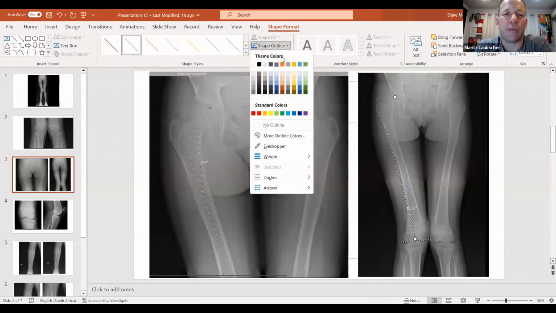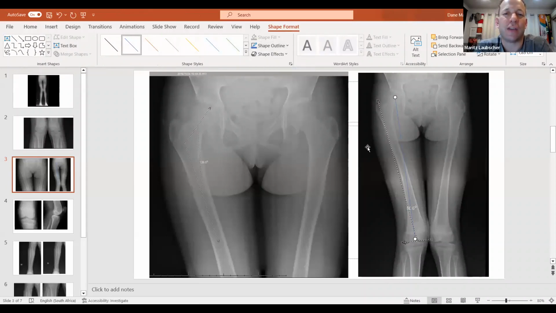So here, I would measure like Dane's measuring now, the mechanical lateral distal femoral angle, which possibly with that little bit of bowing, there might be a very minor femoral deformity, but in a straight femur should have the same answer. But you can see that this femur is almost a little bit banana shaped, basically.